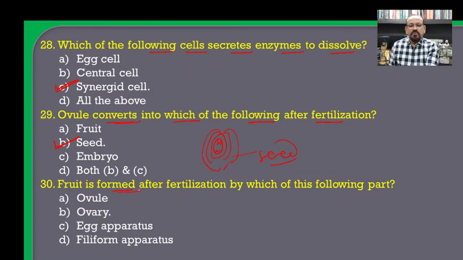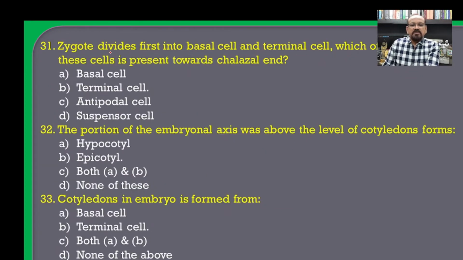Then fruit is formed after fertilization by which of the following parts? Ovule develops into seed and ovary matures into the fruit, and hence from the ovary there is formation of the fruit. Then zygote divides first into basal cell and terminal cell.